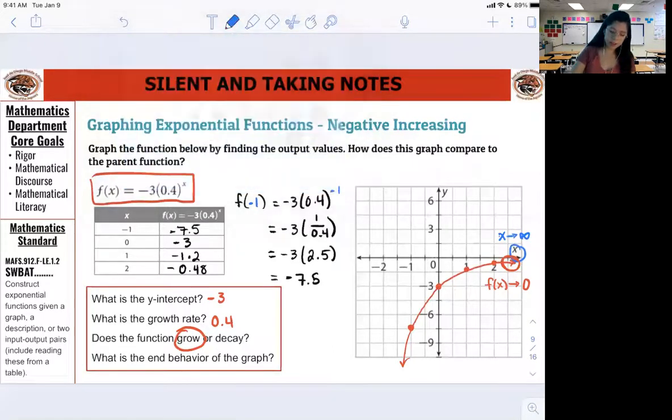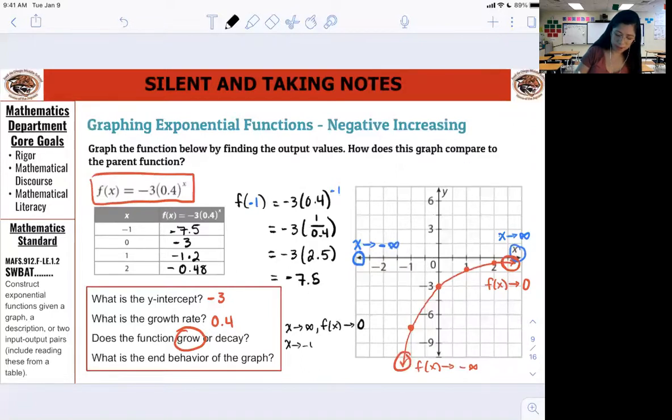Well, on the other side of things, as x approaches negative infinity, where's my function going here? Negative infinity as well. So now I've got my two situations. As x approaches infinity, f of x approaches 0. And as x approaches negative infinity, f of x approaches negative infinity as well.